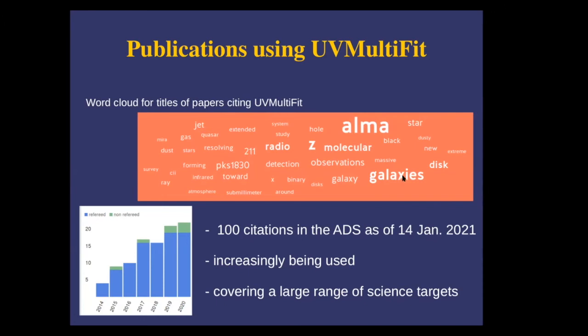But you also see a lot of different targets: galaxies, stars, quasars, gas, jet, and some peculiar objects, disk. So UVMultiFit is very well adapted for many, many different science targets.